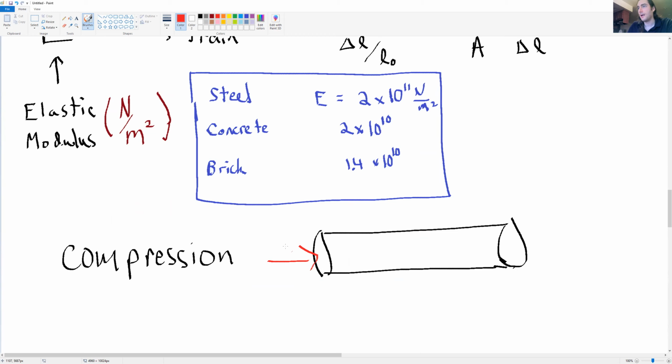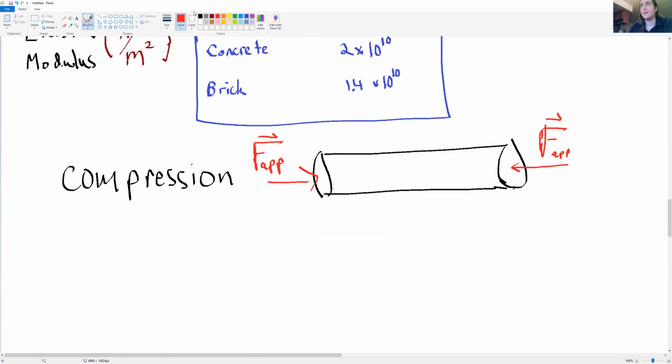So these are your applied forces. So this is compression. Not to be confused with the normal force, the reaction force, which would be in the opposite direction. And also tension. Tension is when you're trying to stretch something, right? When something is in tension, that would be kind of the same picture, but the forces are in the opposite direction.